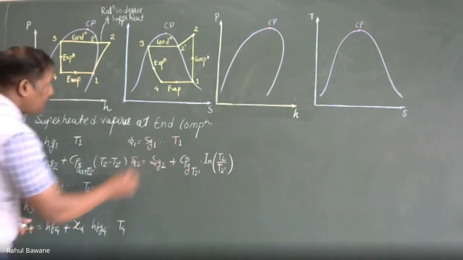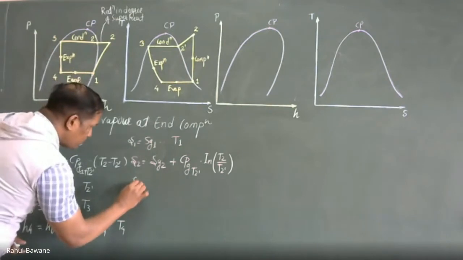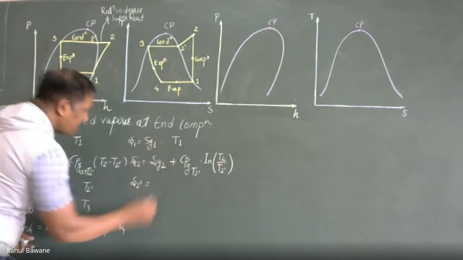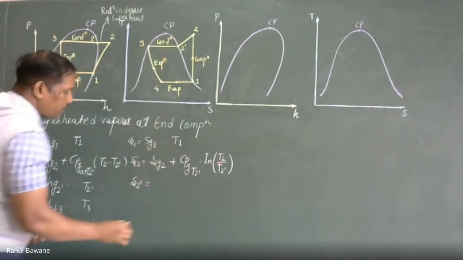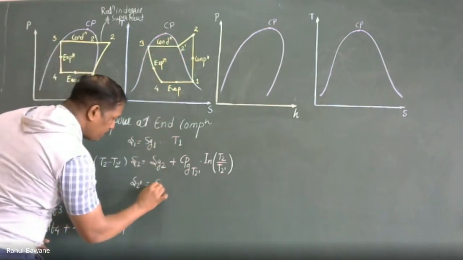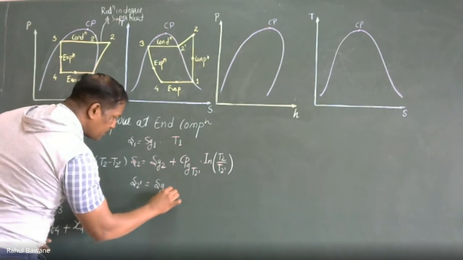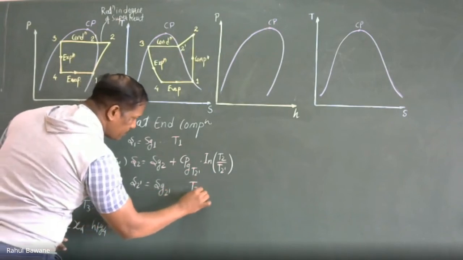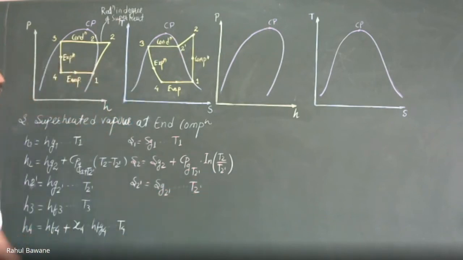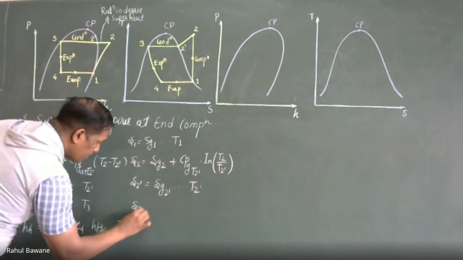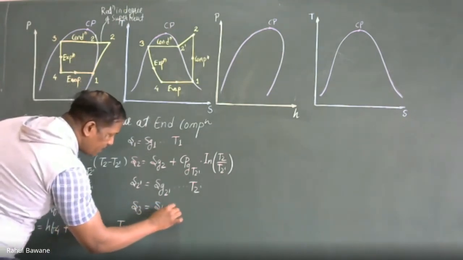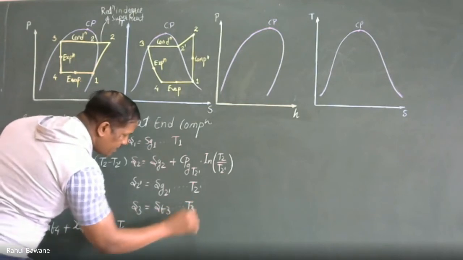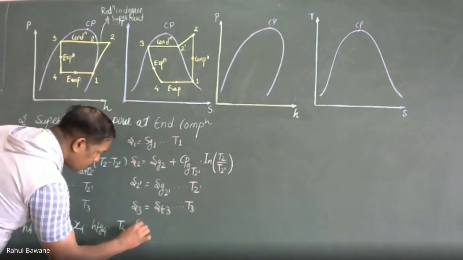Now the S2 dash is the entropy of dry saturated vapor at temperature T2. So it is simply Sg2 dash, and it will be calculated at temperature T2 dash. Next, S3. So S3 will be SF3. It will be calculated at T3, and the last, S4.